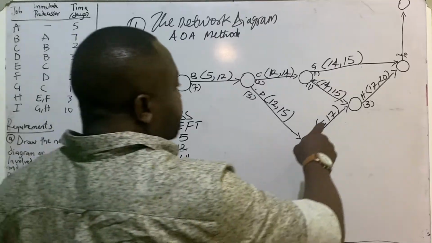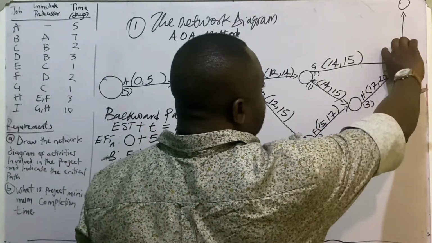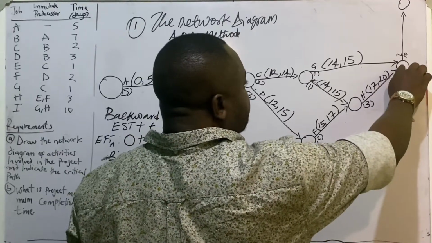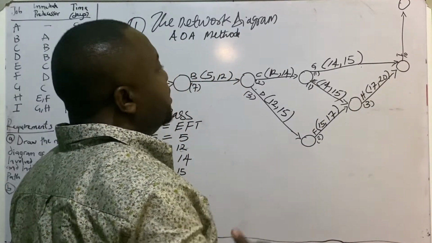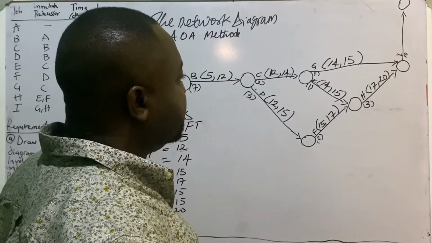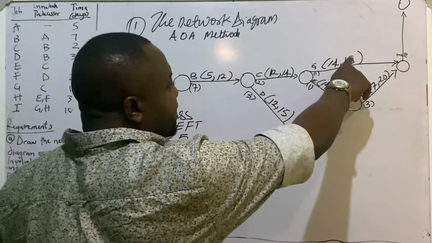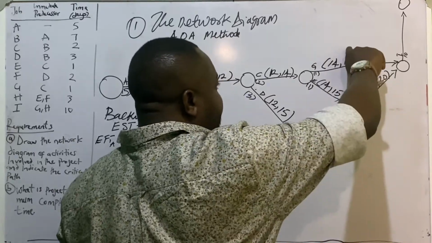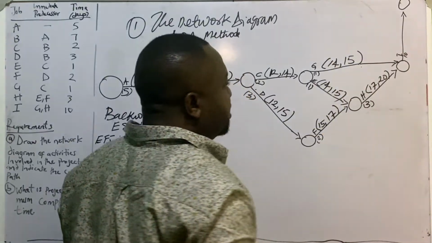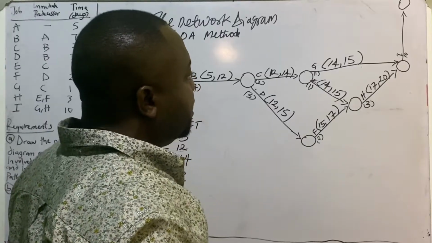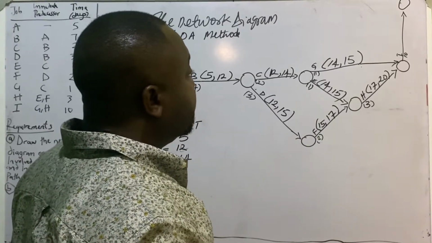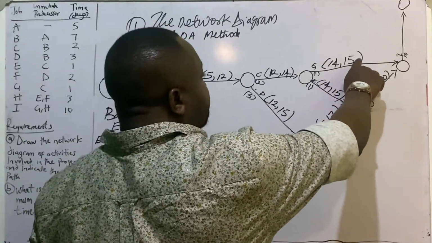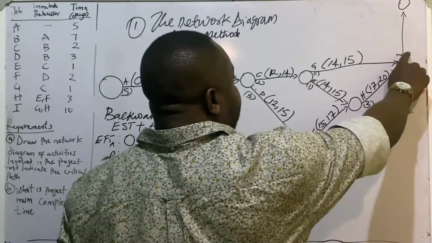Okay, same explanation goes to this. We have two activities, activity G and activity H, coming into this node, that will now precede activity I, which is the last one. We have 15 here and we have 20 here. Because 20 is higher than 15, we're going to select 20 to be the beginning to precede activity I. So when G finishes on the 15th day, I cannot start.